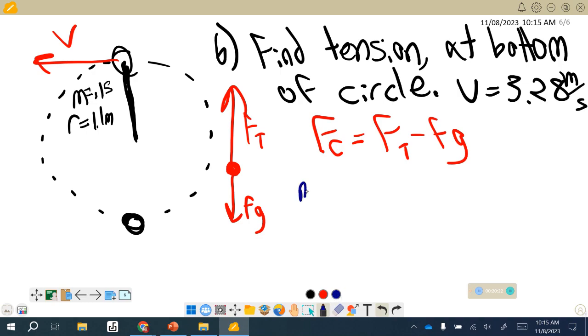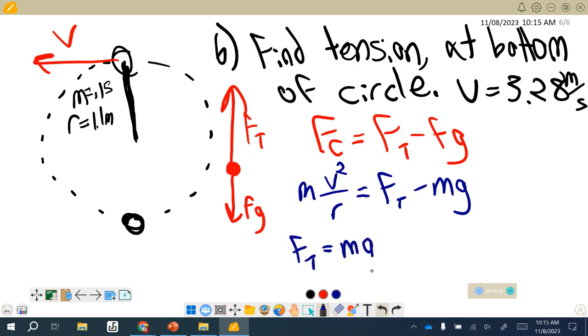We have centripetal force is mv squared over r equals the force of tension we're trying to solve for minus mass times gravity. Okay, so then if we rearrange things a little bit here, we're going to find that force of tension is equal to force of gravity plus that total centripetal force. Okay, so let's plug in our values here and see what we get.